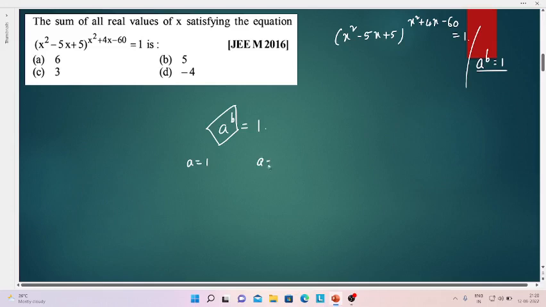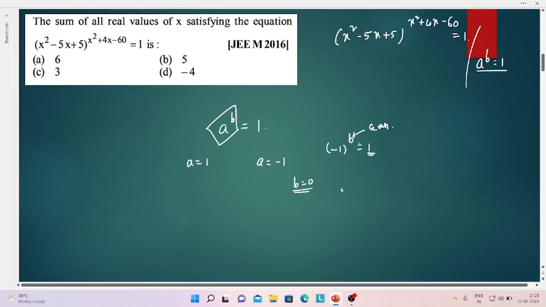Suppose we put a equals -1, then what will happen? The left hand side will be -1 to the power b, right? That will be 1 only when b is even. If b is odd, then -1 will remain outside of the expression, so that will not become 1. So b should be even, right? And we can take b equals 0 also.